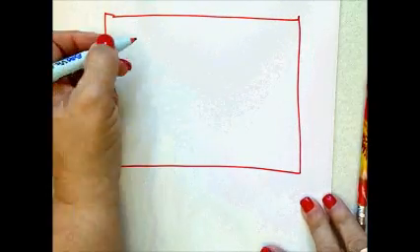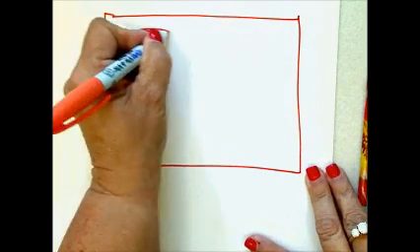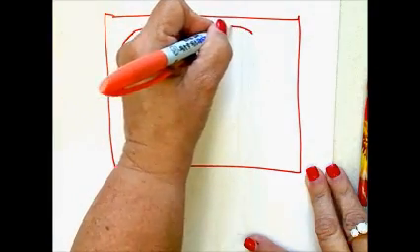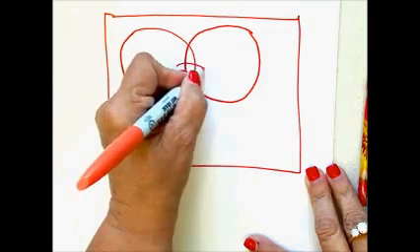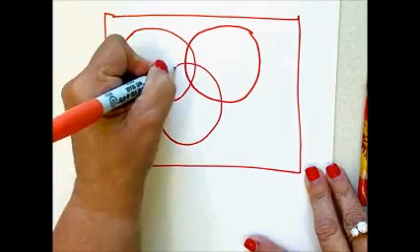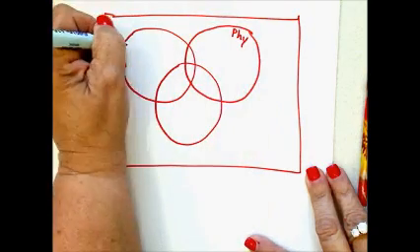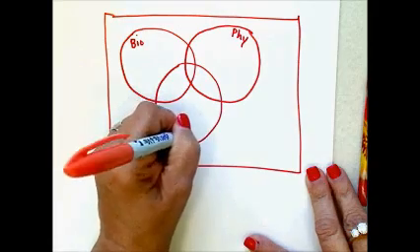Okay? Now, in our Venn diagram, I've got 3 subjects. We've got physics, biology, and math. So we're going to draw 3 circles that overlap. One represents physics, one represents bio, and one represents math.